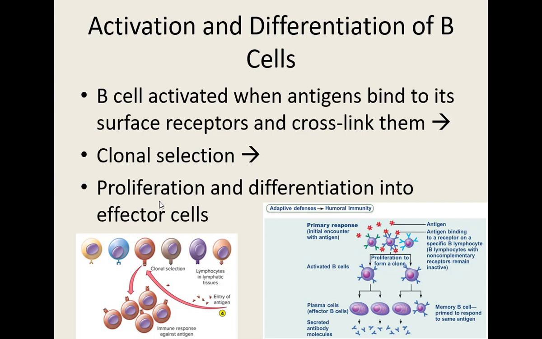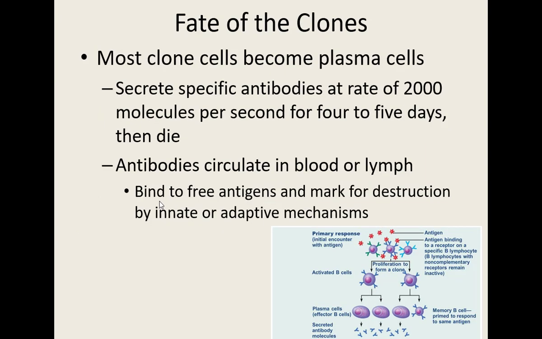I think I've got this picture zoomed in on one of my next slides, so I'll come back to it. Now, as I said before, most of those effector cells become plasma cells, and it's the plasma cell's job to churn out those antibodies.